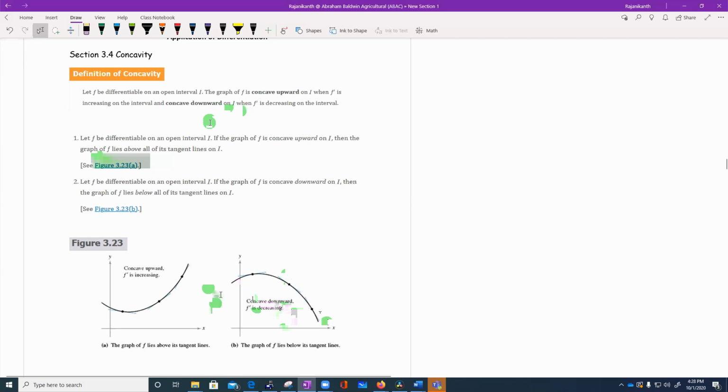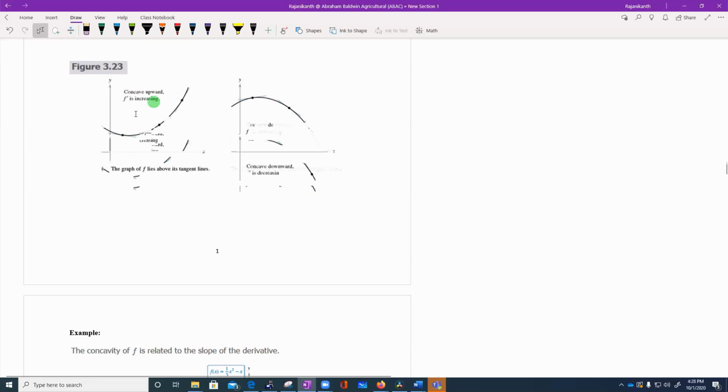Now the question is, how do you identify whether the function is concave up or concave down? We have a couple of tests to check this, like the first derivative test.